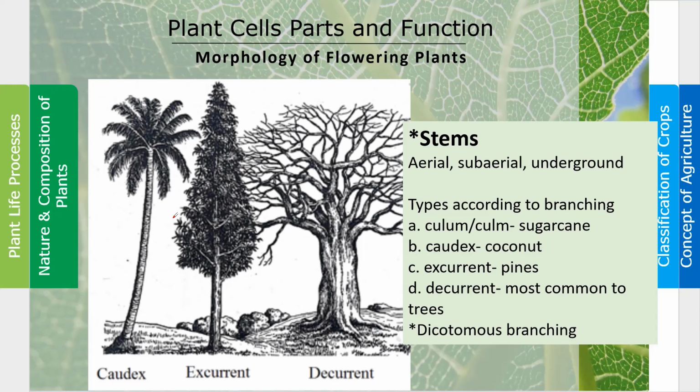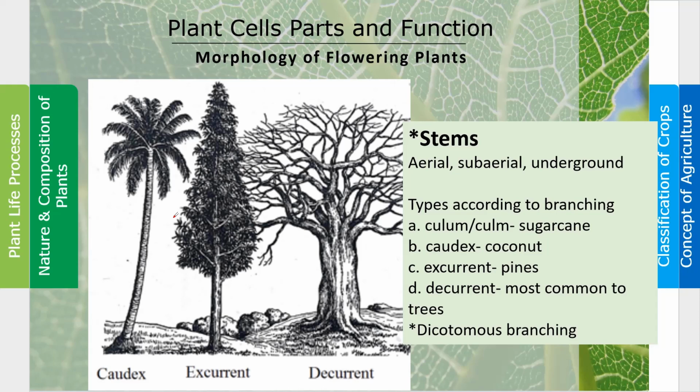So we have the column or culm, which is in sugarcane. So in sugarcane, di ba meron siyang nodes and internodes. Yung nodes is yung guhit-guhit niya, di ba? And in between yung guhit ng sugarcane, those are actually the internodes.